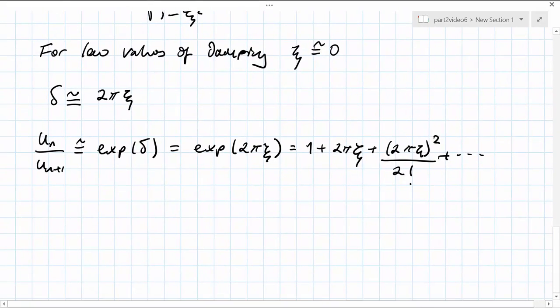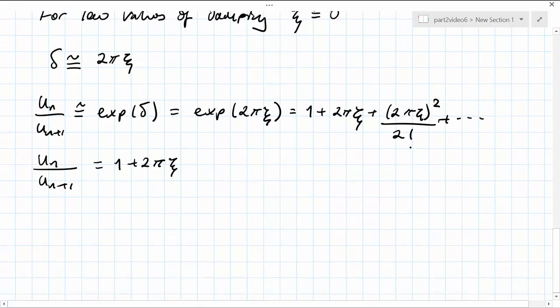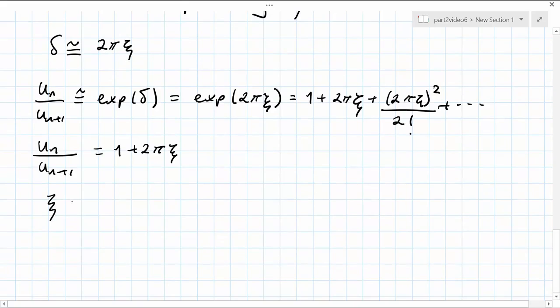Taking only linear terms, we can then say that un over un plus 1 is equal to 1 plus 2 pi zeta, or we can then work out that the damping ratio zeta is equal to un minus un plus 1 divided by 2 pi un plus 1.